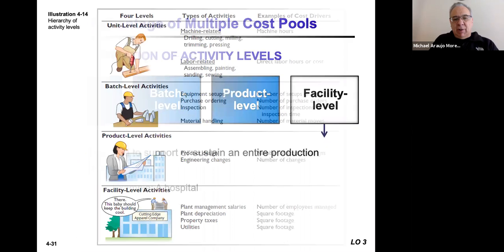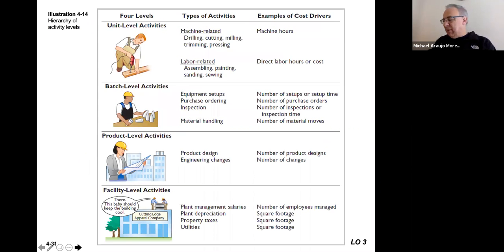So there are going to be questions about this, and this is a very nice illustration. It's on page 147 in your book. And again, it shows the 4 levels of activity: unit, batch, product, and facility. Then the types of activities and the types of cost drivers that are listed. Okay.